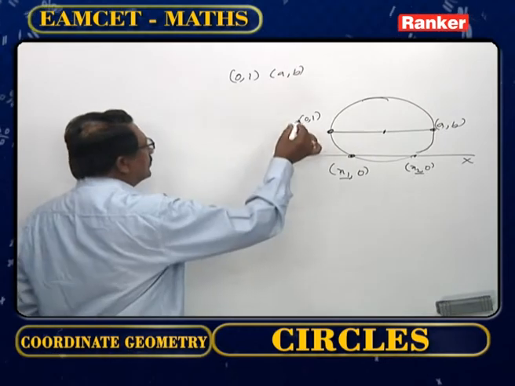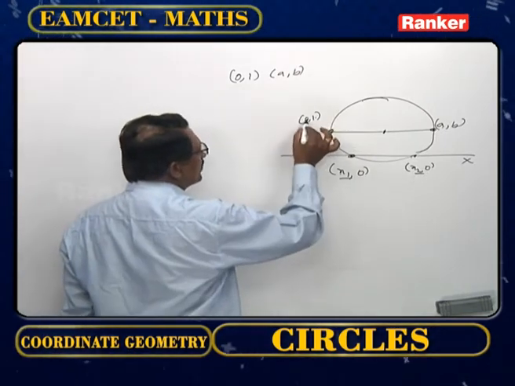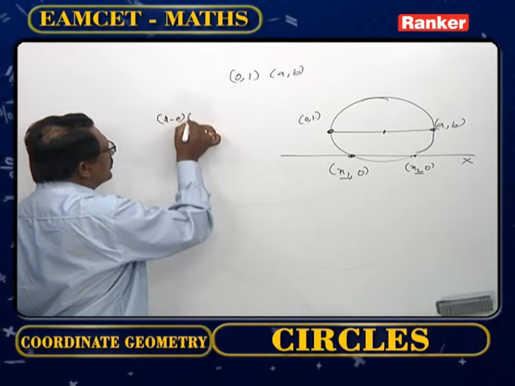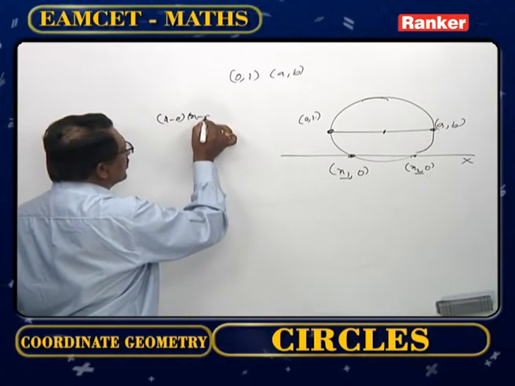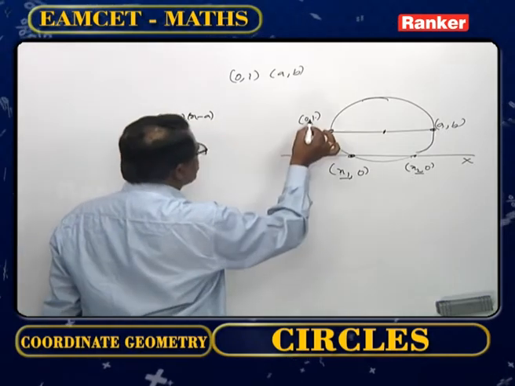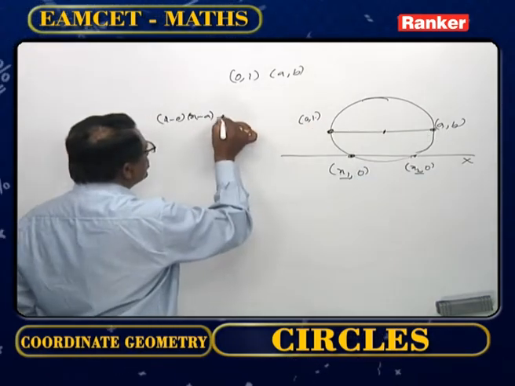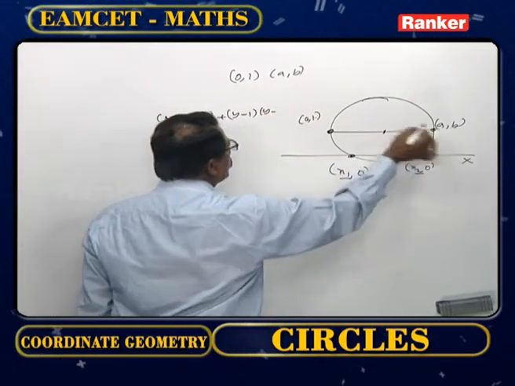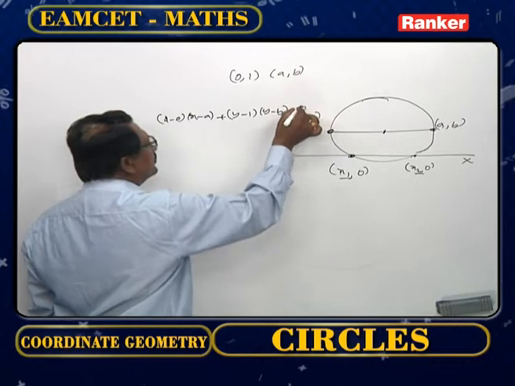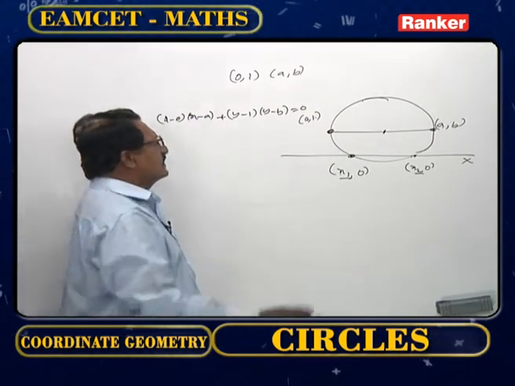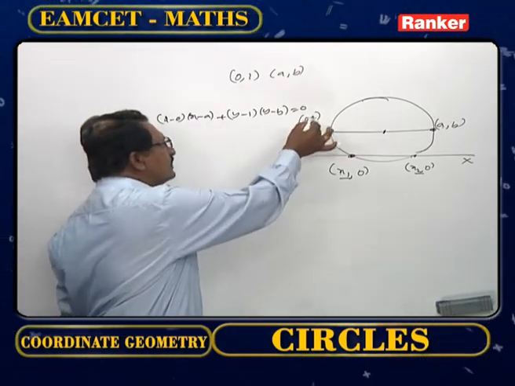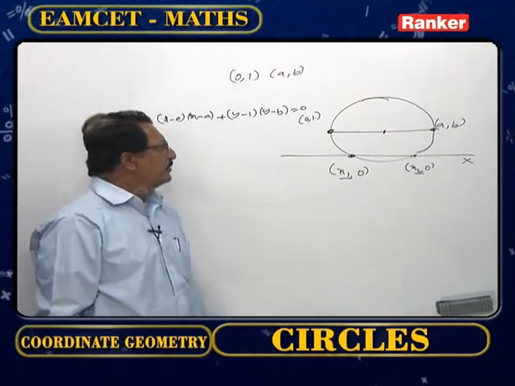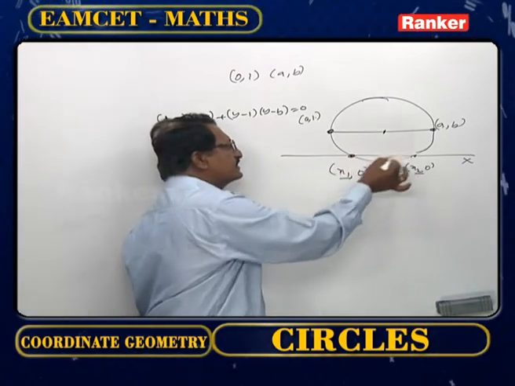Now, actually the equation of the circle whose extremities of diameter are (0, 1) and (a, b) is (x - 0)(x - a) + (y - 1)(y - b) = 0. Now, it is the equation of the circle whose extremities of diameter are (0, 1) and (a, b), but it intersects the x-axis in two points.